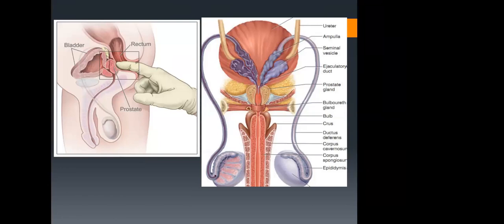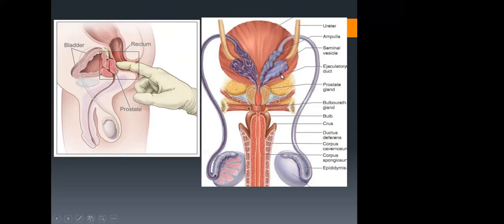Now, this fluid protects and nourishes the sperms. We know where the sperms are manufactured, where they are stored, and how they come. The purpose of the prostate is basically to provide that protection and to nourish them.